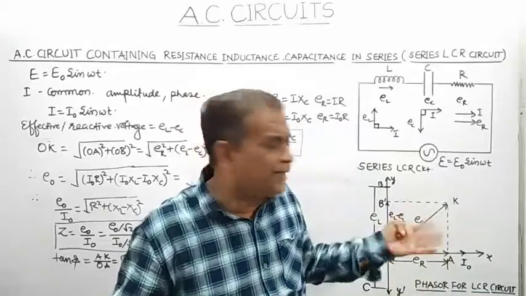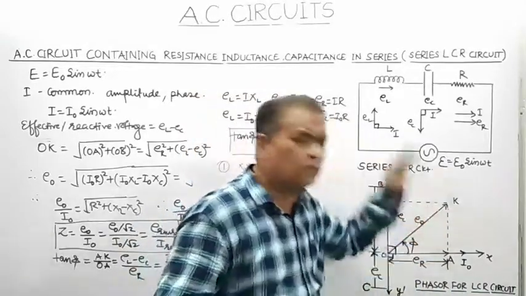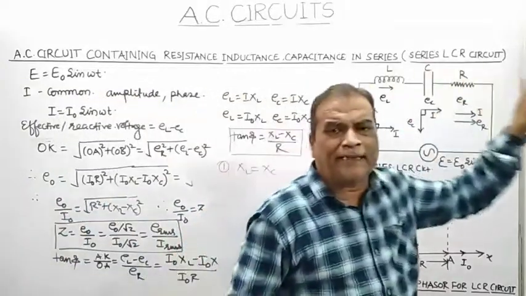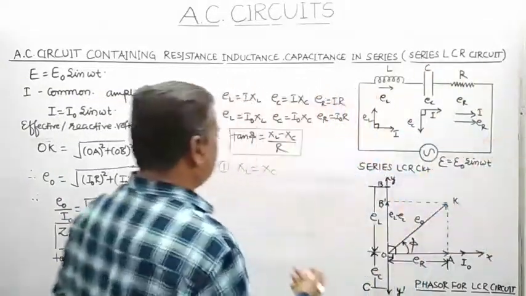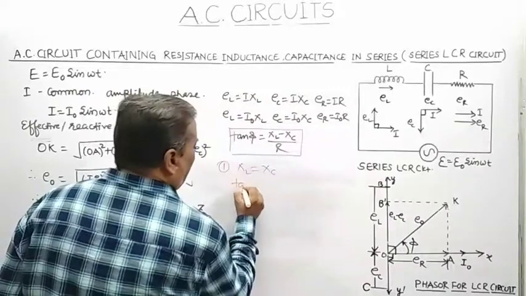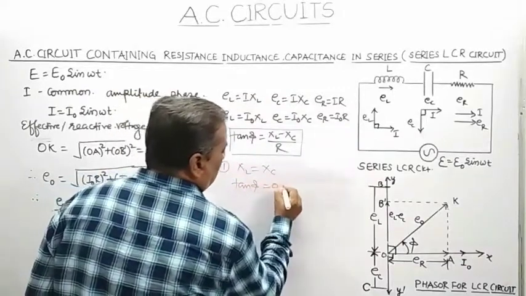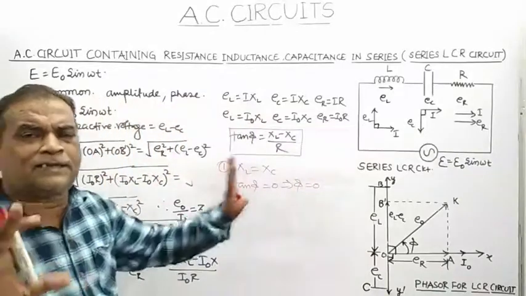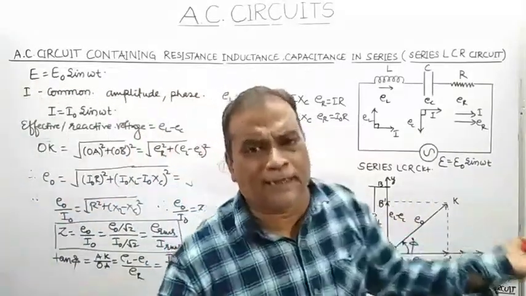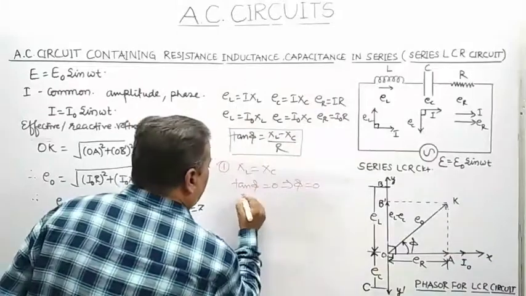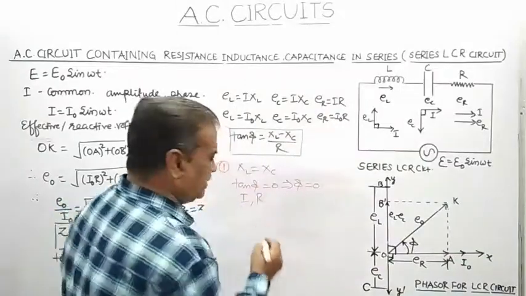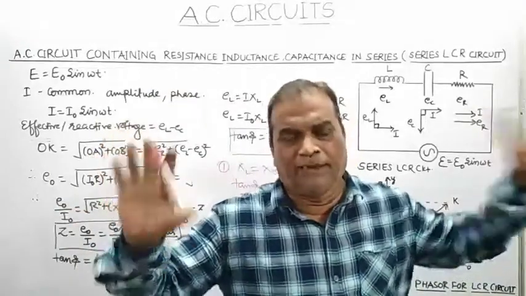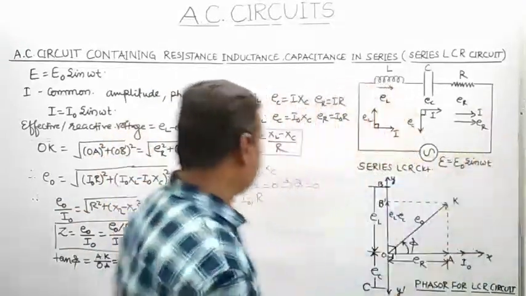If XL equals XC, meaning inductive reactance equals capacitive reactance, then tan phi becomes 0, so phi equals 0. It means the circuit is purely resistive, because current and voltage are in the same phase.